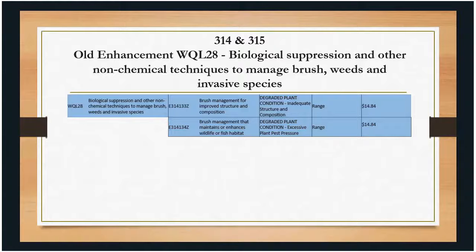If I remember right, I don't think this new enhancement is quite as restrictive as to say it's not chemical. I think you can use chemicals in these new enhancements, but they're differentiated by what resource concern you're trying to address.